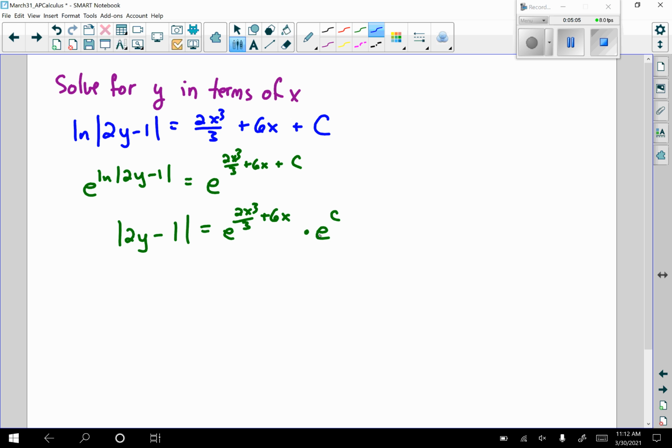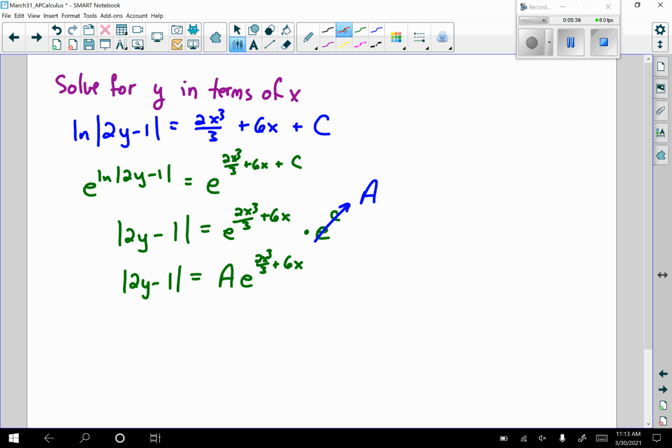And now e to the c is just a constant, let's call that a. So now I get the absolute value of 2y minus 1 is equal to a times e to 2x cubed over 3 plus 6x. And hopefully this is looking a little familiar. If you recall the formula for compounding interest continuously, we get some value equal to P times e to the rt. So this is sort of where that formula is coming from.